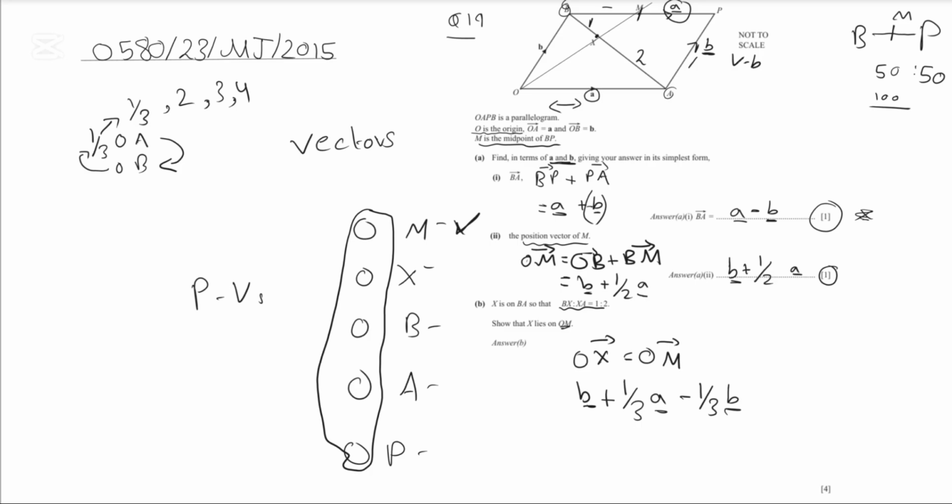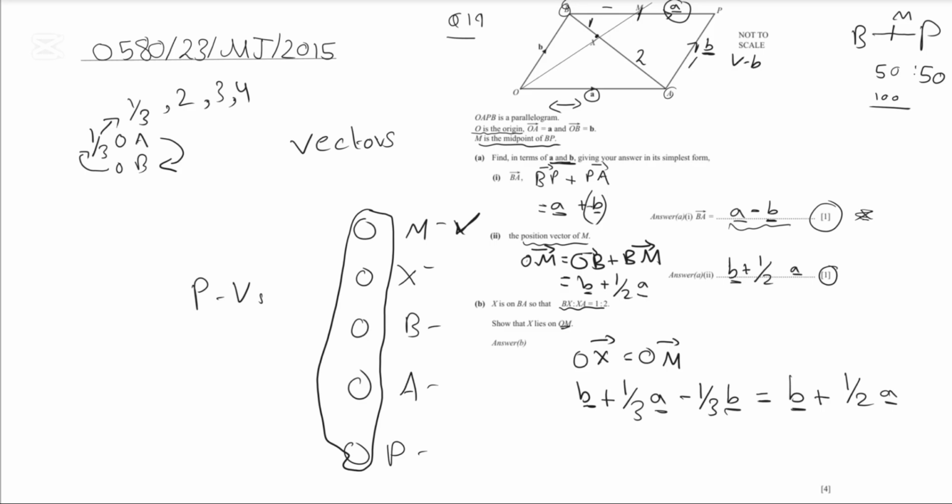So from B to X is 1/3. And then because it's 1/3 of B to A, and B to A we found over here is A minus B, we'll just write it like that. Is equal to OM, which is the position vector of M, the one we found in the previous part. So that will be B plus 1/2A. Let's just underline them.